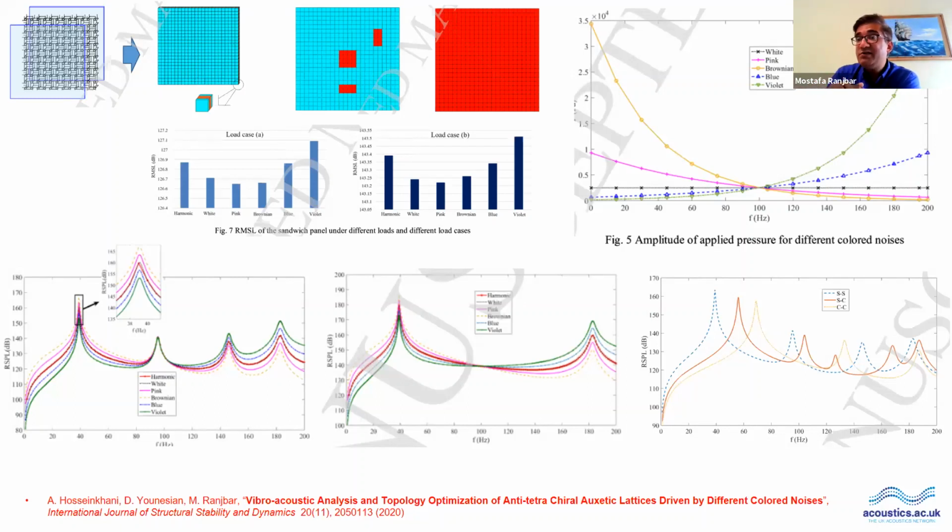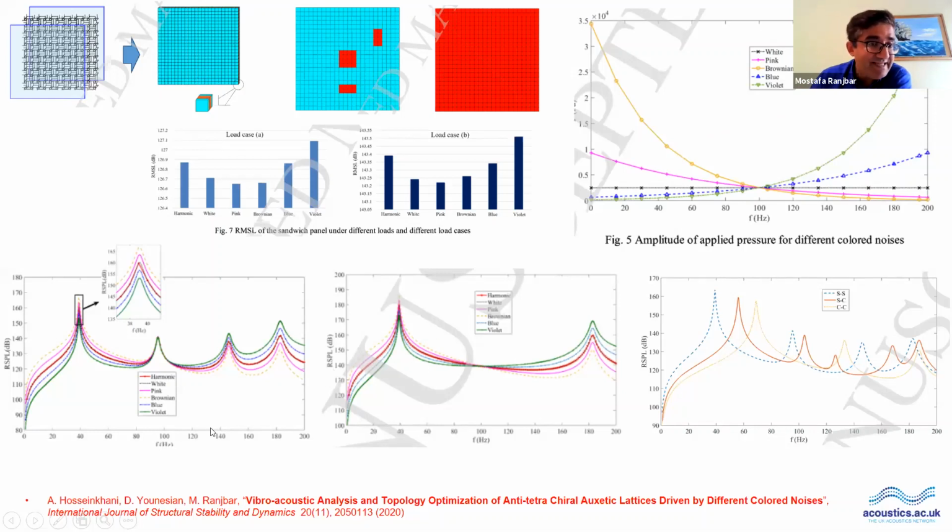And different boundary conditions can affect the wave propagation across the structure, because when the boundary condition changes, the way that the wave is reflected after reaching the boundary is different. So we investigated different boundary conditions like simply supported, clamped, and mixed boundary conditions, simply supported-clamped, under different excitation cases.